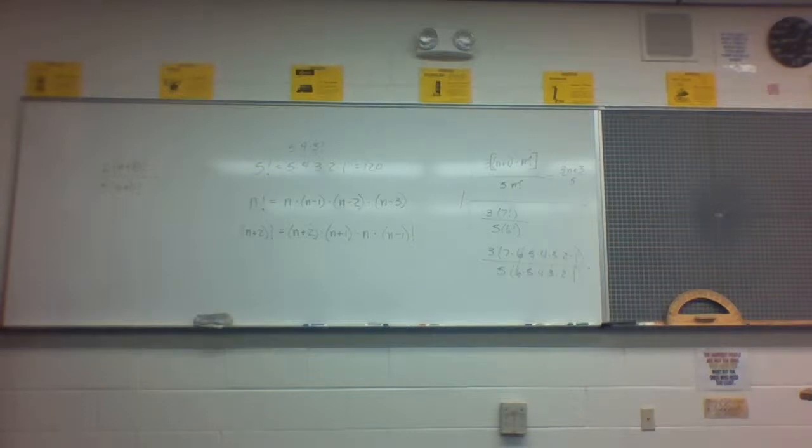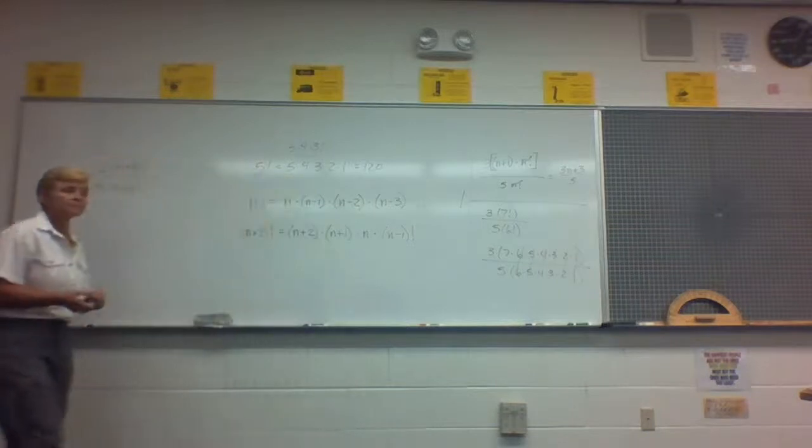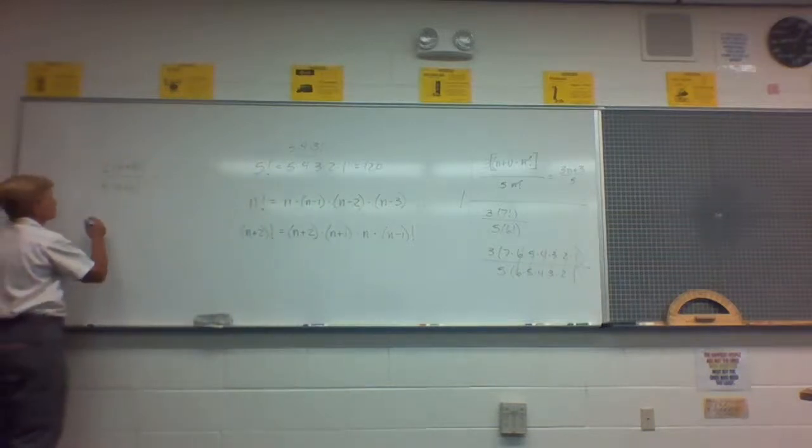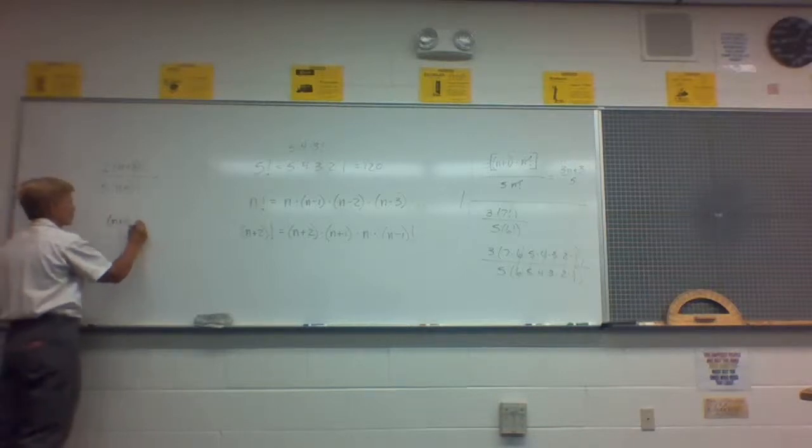Do you know how to tackle this? Okay, then let me show you, and then I'll give you another one until you got it down. Yes, what would you do? Wouldn't you just multiply n plus 3 with n plus 2 and everything else would be canceled, and then you multiply that by the 2 over 5?